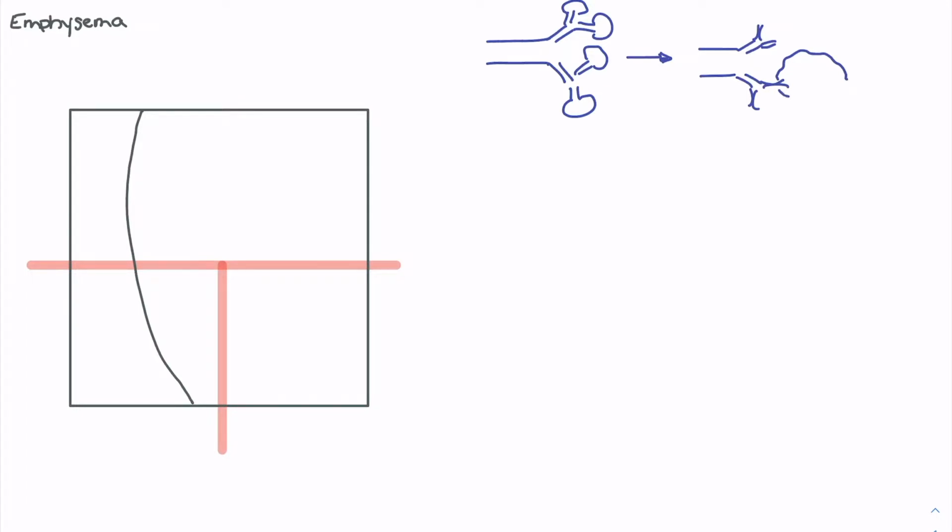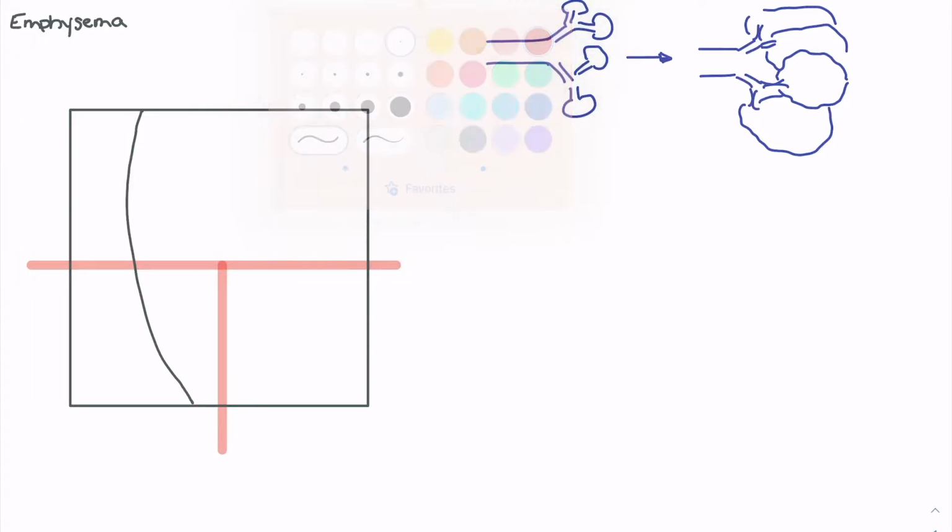So when we're looking at emphysema, we're really looking at two particular things. We're looking at hyperinflation of alveoli. You can see compared to our normal alveoli here, we have these big distended alveoli. And we have a loss of bronchial tethering, which typically equates to bronchial collapse. So the big thing here is a loss of our bronchial tethering.